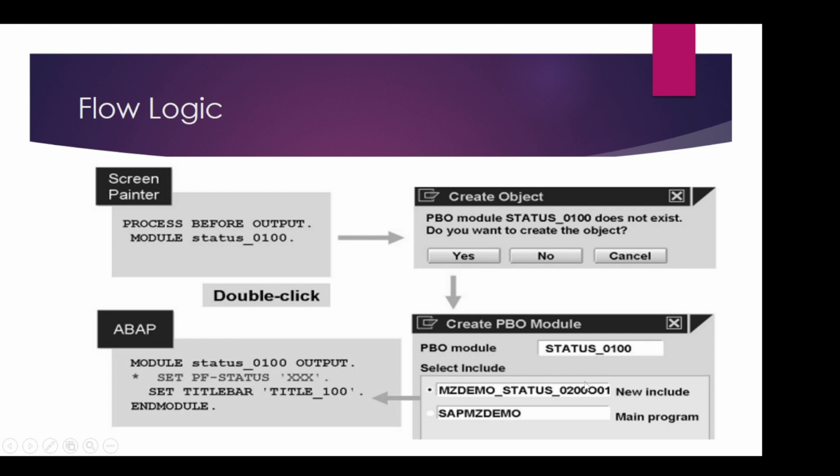When we give both of these, the system will redirect to the ABAP program, because the details and the SAP ABAP statements exist in the main ABAP program which we have created in SE38. So all the logic, all the statements exist in the SAP ABAP program.